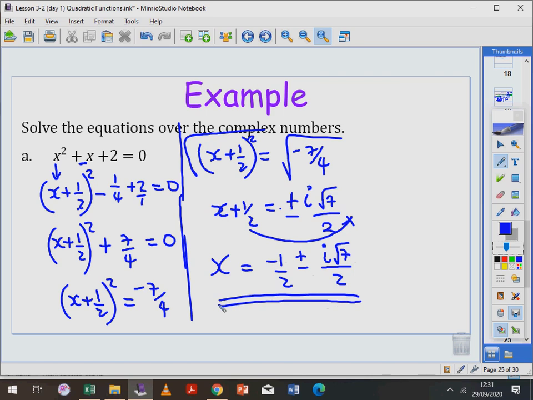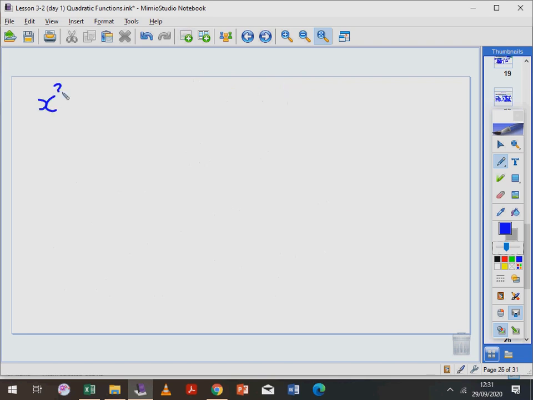Finished. If I want to use the quadratic formula, let me also use the quadratic formula. x squared plus x plus 2 is equal to 0. I need to compare it with ax squared plus bx plus c equals 0. Hope you can see that a is 1, b is also 1, and c is 2.